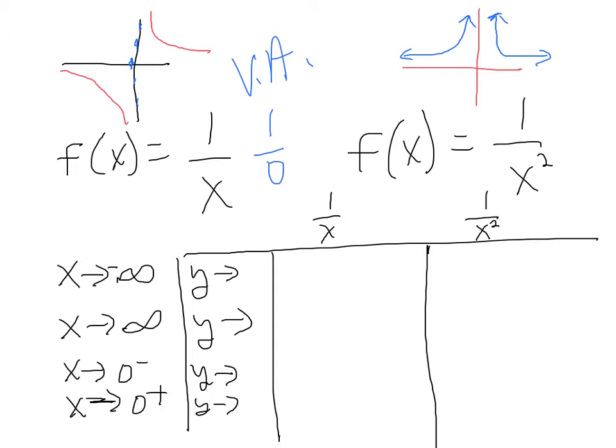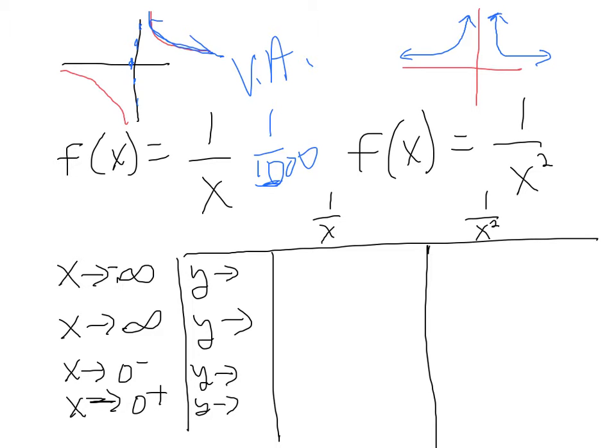And then as we go out to negative infinity and we go out to positive infinity, this graph's getting closer and closer to the x-axis, because if you think about it, if x is 10 or 100 or 1,000, 1 divided by that gets to be a very small number. And if I'm approaching from the right, going to positive infinity, this is sustained positive, and a positive divided by a positive is a positive.